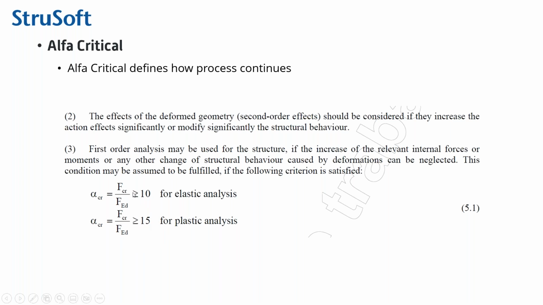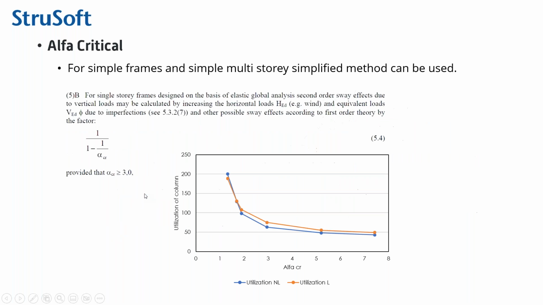But if you calculate your capacity with the elastic theory, you can go even to 10 without any increment of the first order bending moments. And if you go below, like you have plastic capacity and alpha critical of 12, you can anyway use a factor to increase the wind load by 5% to take into account the second order effects. Okay. Are there any more questions?